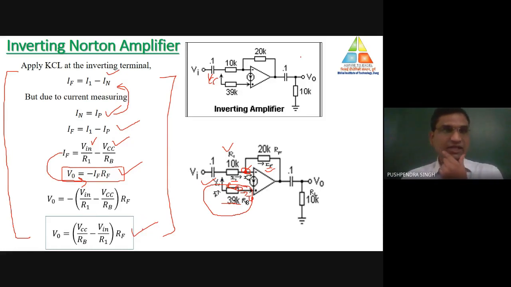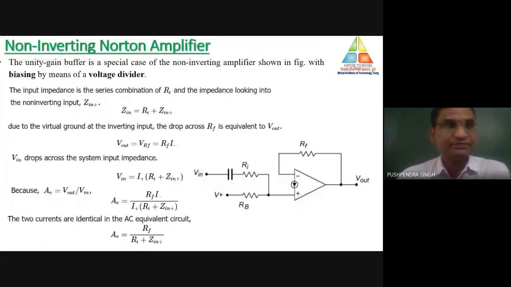Now the last topic is non-inverting Norton's amplifier. In case of inverting Norton's amplifier, how is the biasing given? With the help of I plus. Just consider the difference between inverting and non-inverting Norton's amplifier. This is the main difference: how to give the biasing to these two circuits. In case of inverting Norton's amplifier, we give the biasing with the help of I plus current, but not with a voltage divider circuit.